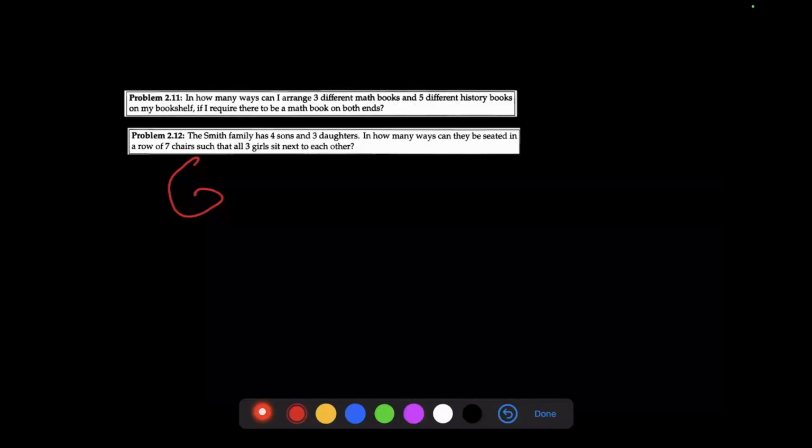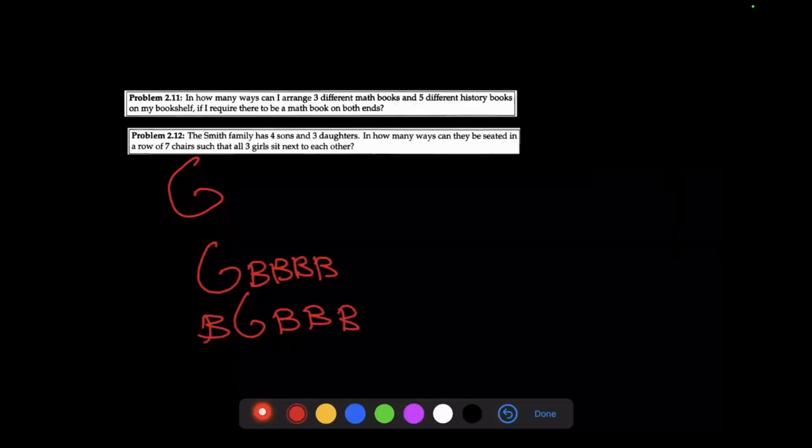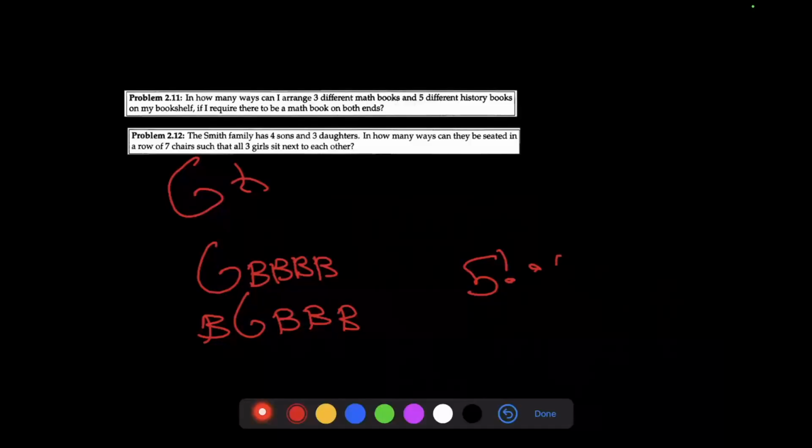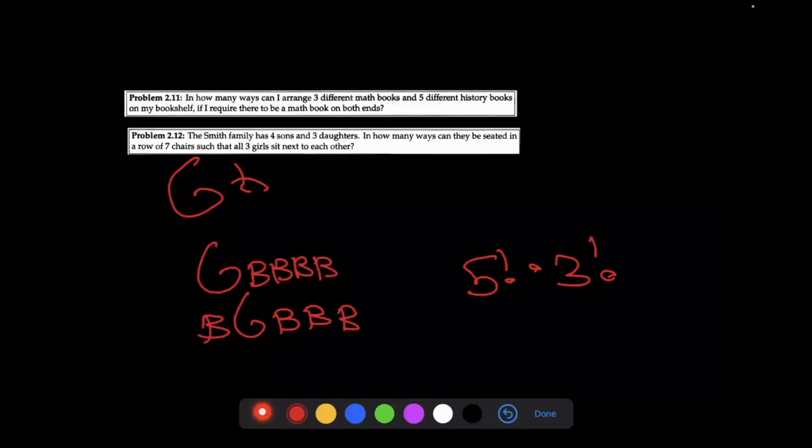And now we have the big G and the boys, so you can arrange this as 5 elements. So you get 5 factorial, and the girl block can be arranged in 3 factorial ways because there's 3 girls inside it. So now you get 5 factorial times 3 factorial, which is equal to 720.